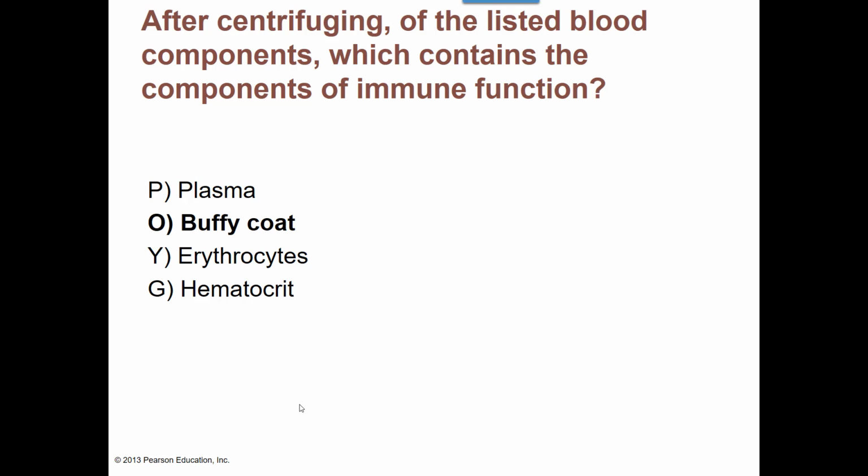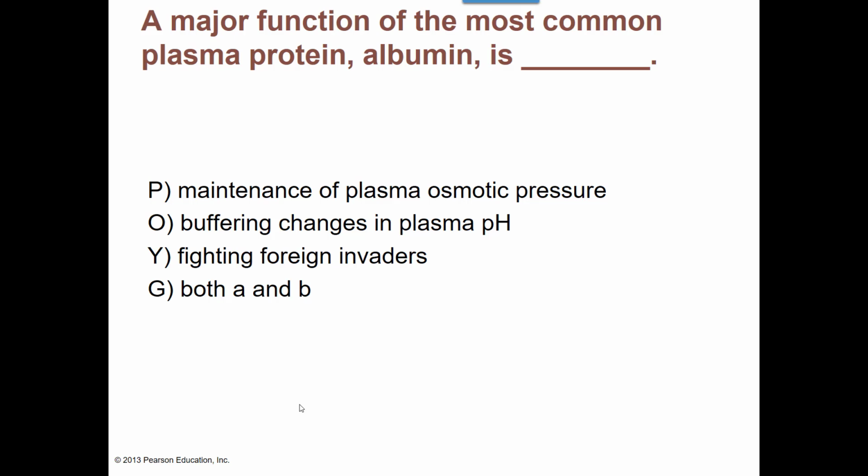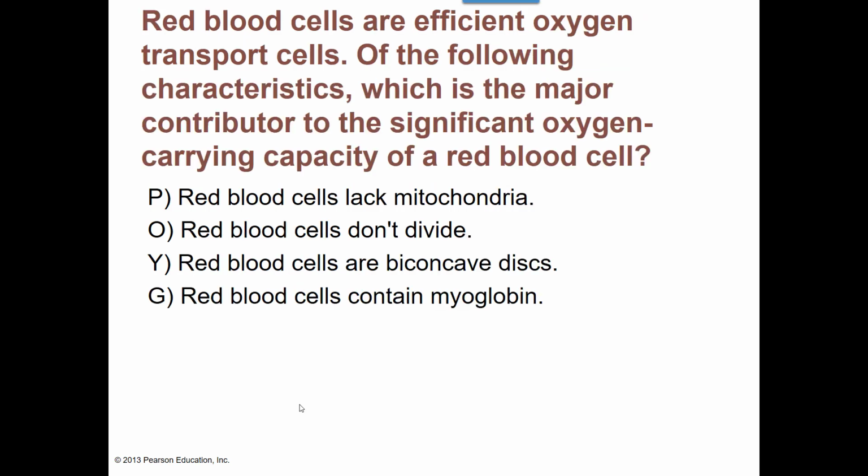A major function of the most common plasma protein, albumin, is both A and B, both pink and orange: maintaining your plasma osmotic pressure and helping with buffering the plasma pH. I know it's long. Red blood cells are efficient oxygen transport cells. Which of the following characteristics is the major contributor to the significant oxygen carrying capacity of a red blood cell?